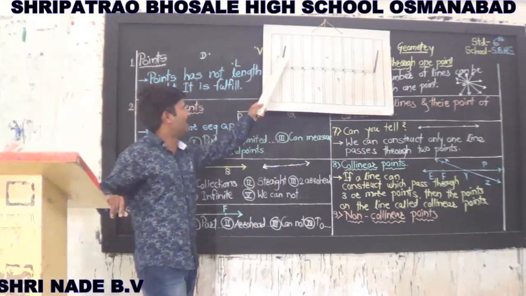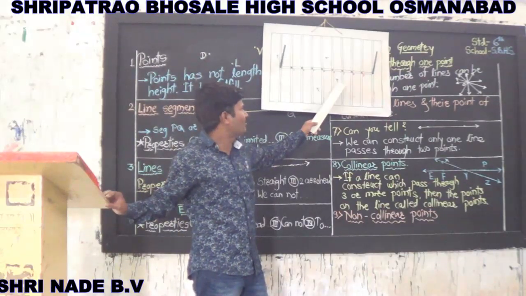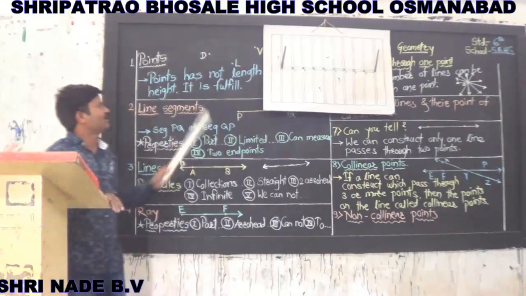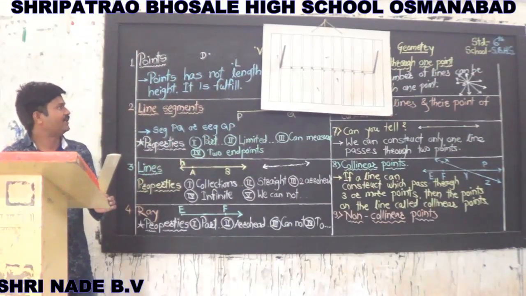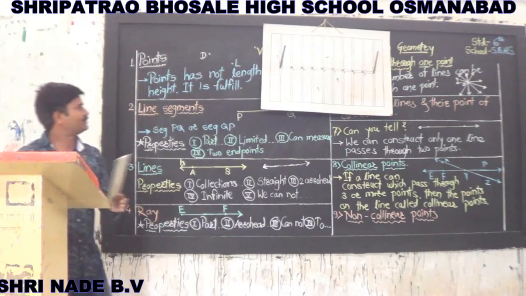And there are the points I, X, Y and Z. Here all 4 points are not on a line.